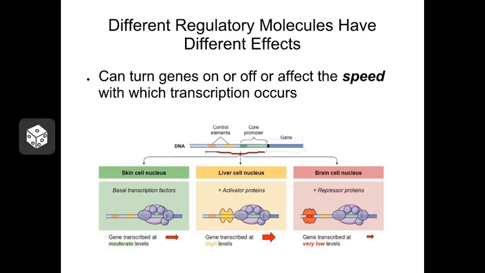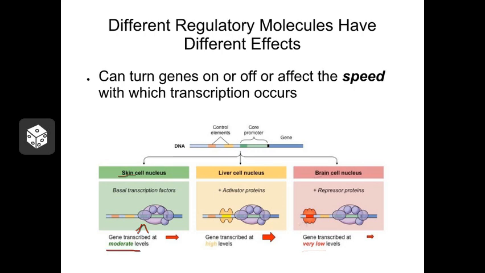However, there are different molecules that can bind to these control elements, and that can speed up or slow down transcription. For instance, whatever this protein is not needed very much in the brain. So certain molecules bind to control elements and it slows it down. So it makes that product but very slowly. More of that protein is needed in the skin, so different control elements bind to it, and that makes it transcribe at moderate levels, at kind of medium levels.